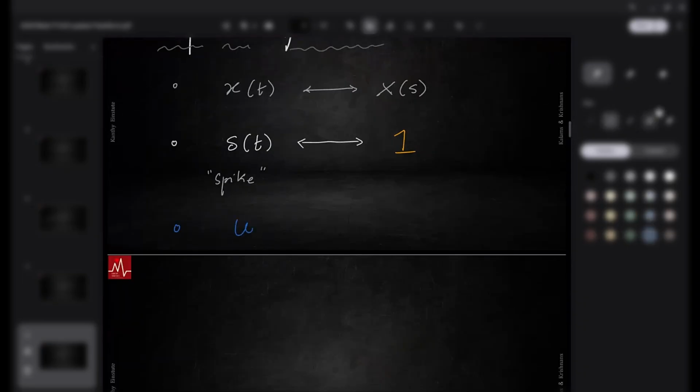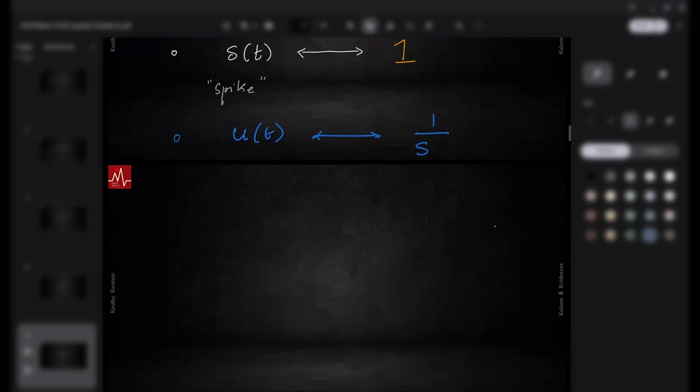What does u of t transform to? This most of you know, we discussed yesterday. This transforms to 1 by s.